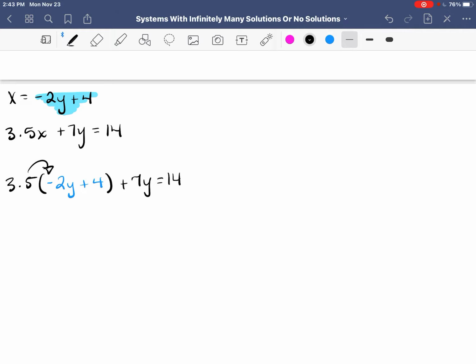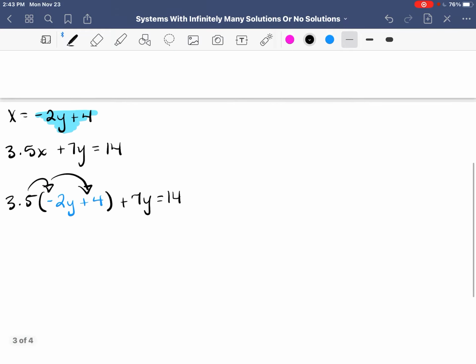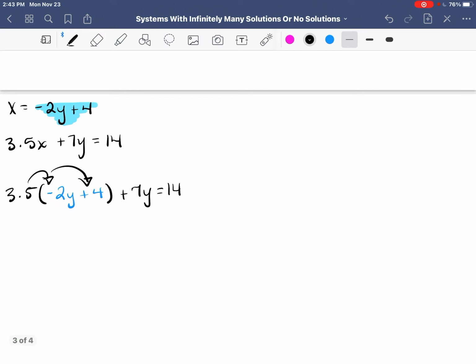So now we're going to distribute this 3.5 inside the parentheses, which gives us negative 7y plus 14 plus 7y is equal to 14.